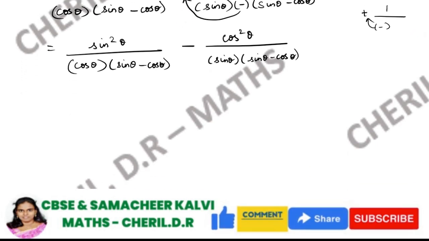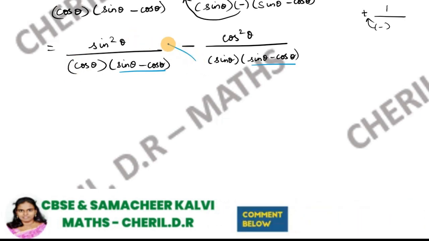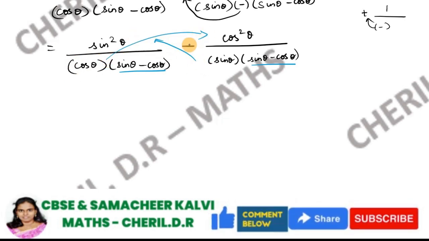Look at this carefully. You have sin theta minus cos theta as a common term in the denominator, but here you have sin theta, and here you have cos theta. So this sin theta alone you can multiply here, and this cos theta alone you can multiply here. By taking the LCM, what will you get?